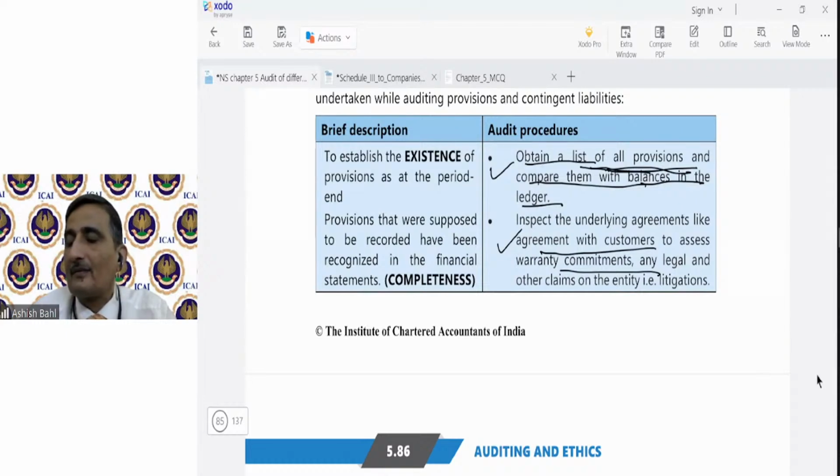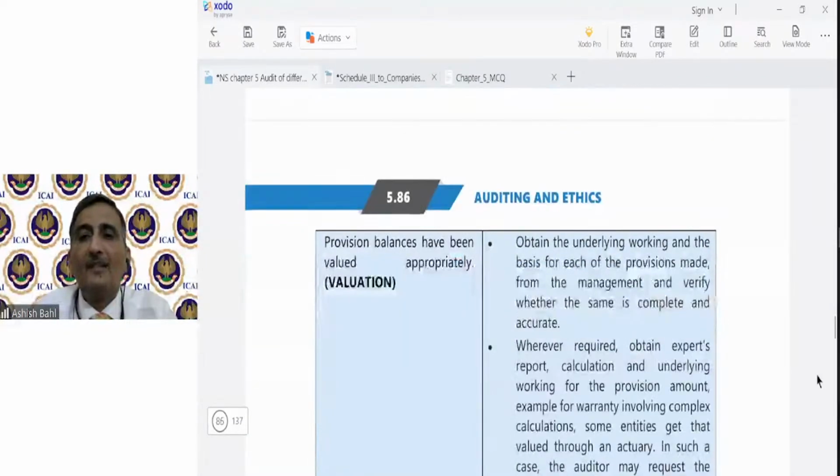Okay. So provision balances have been valued appropriately. So whatever provision has been made, it is done properly, it is complete.